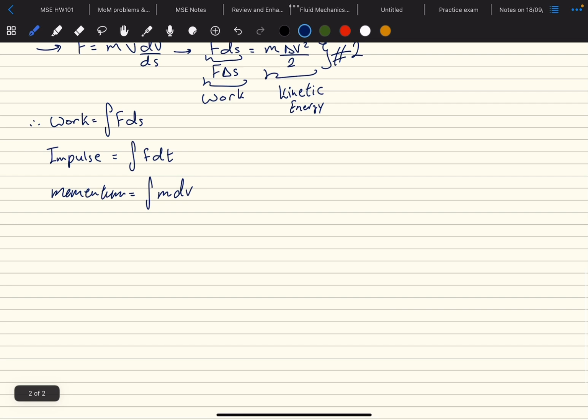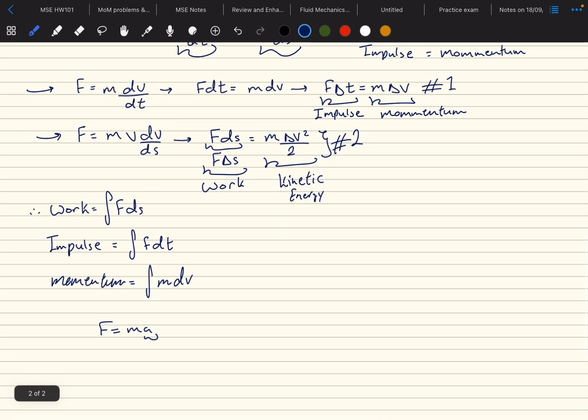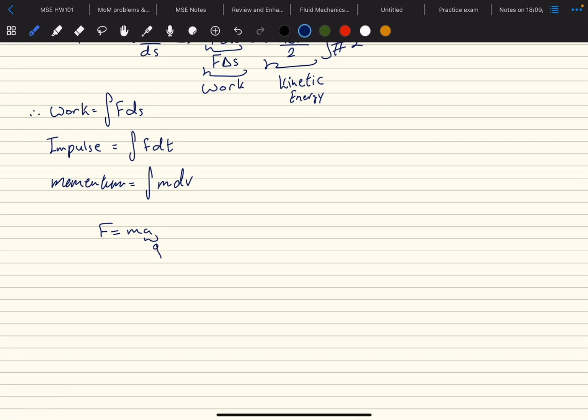For potential energy, it's super easy. We still use F is equal to ma. Now we assume that a is g, the gravitational acceleration, since potential energy is just dependent on the height of something relative to the surface, and its weight and gravity.